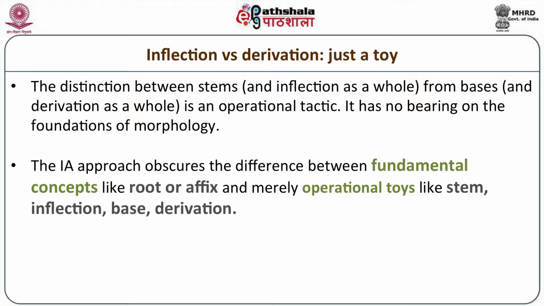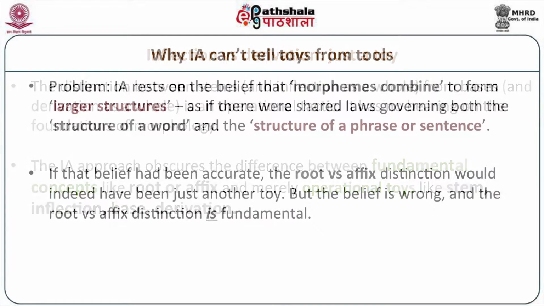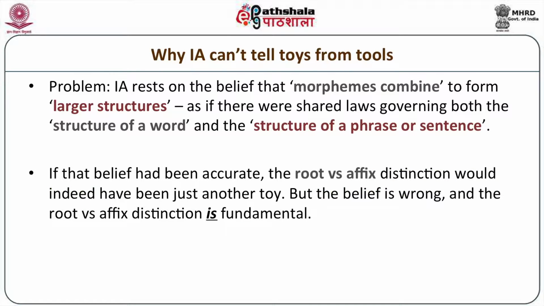If you want to think of stem and base as toys, then inflection and derivation are also toys. Then root and affix are also toys. That is how it looks to the morpheme theoretical eye. In fact, root versus affix is the only really fundamental distinction that the morpheme theory makes. Why is it really fundamental? Why are we saying this? What is our basis for saying this?